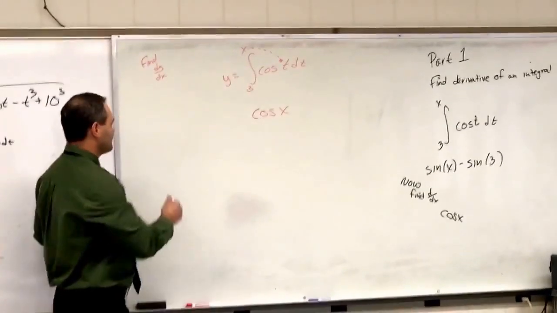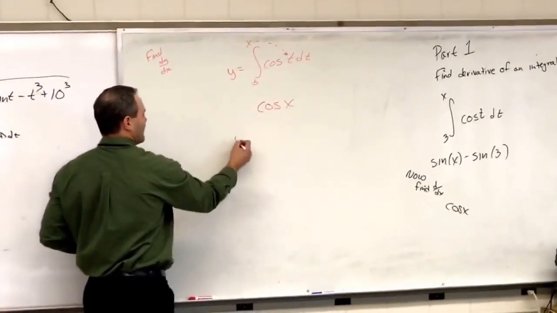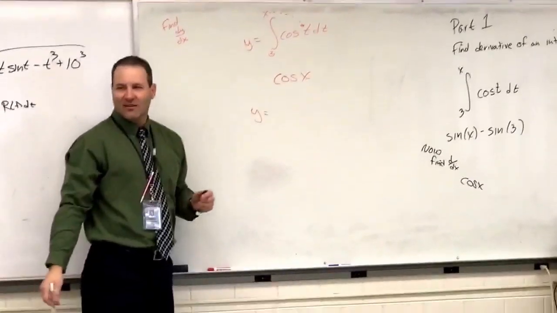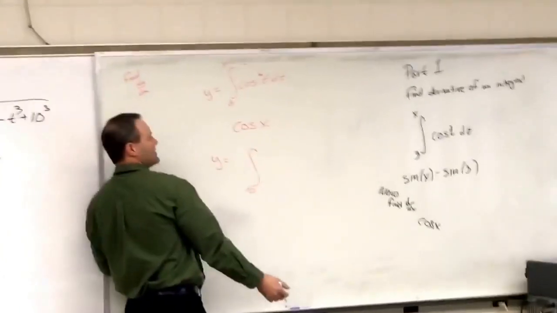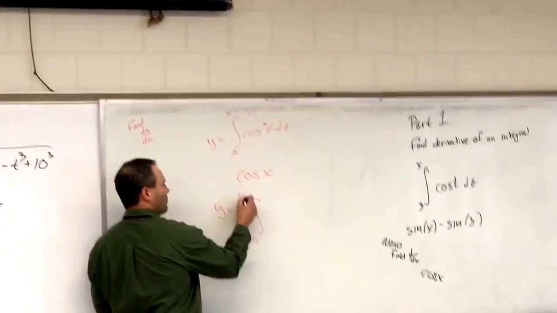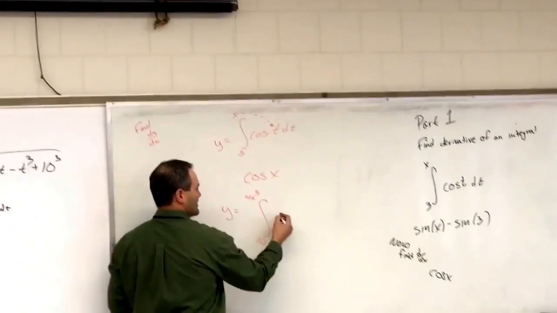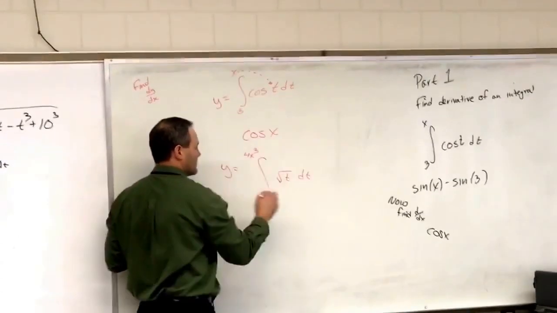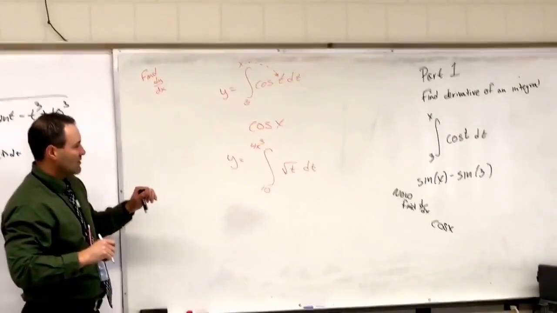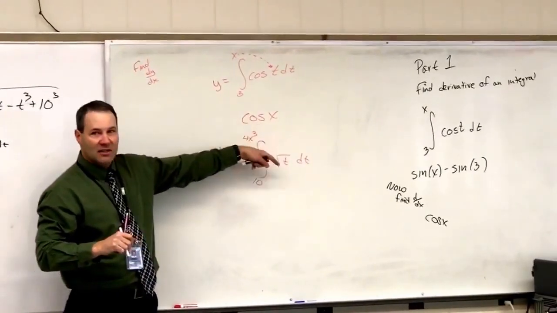It does get a little more complicated. If this is 10 and this is 4x cubed, and let's say this is the square root of t dt, we can drop it in.